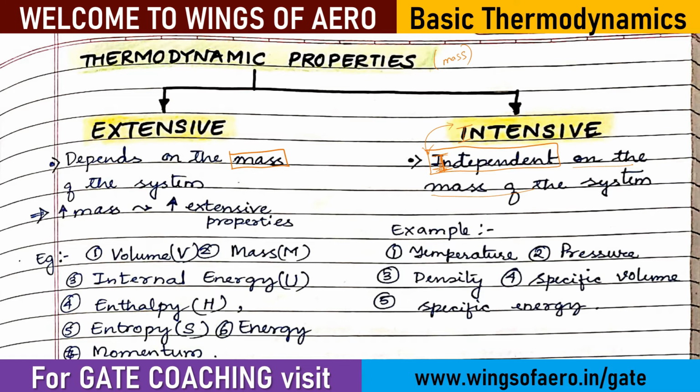Now we will see what are the examples for this thermodynamic property for extensive and the intensive. Now as I've said, extensive property depends on mass, right? Now what are the things that depend on mass? Volume, mass, internal energy, enthalpy, entropy, energy, momentum.